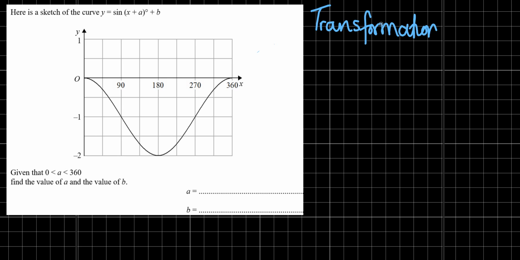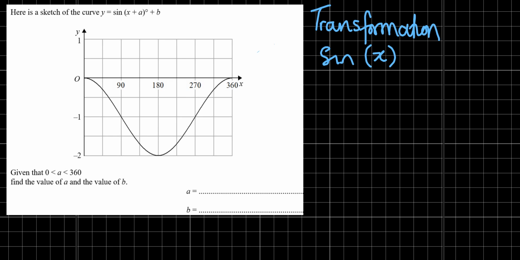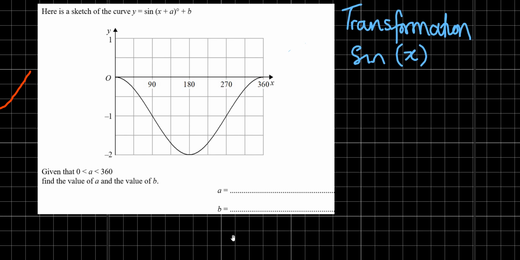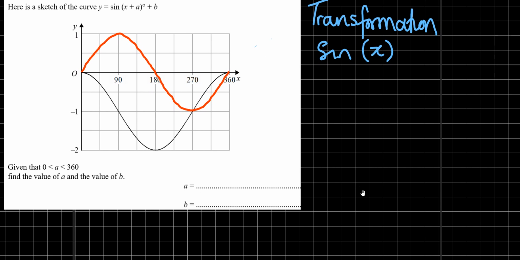sine graph. Now sine x, when you draw a sine x curve, you would have this wave. Okay, so that's your sine graph.